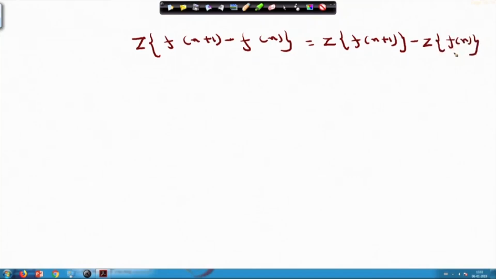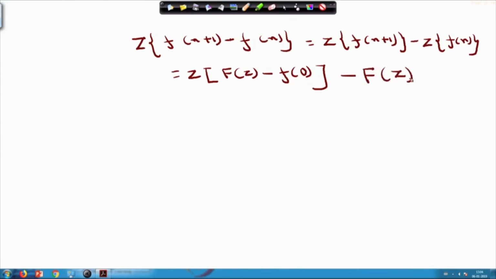From the linearity property, we can write this equals z into capital F z minus f of 0. Please note that the Z transform of f of n plus 1 equals z into capital F z minus f 0, which we have proved earlier, minus the Z transform of f n, which is capital F z.